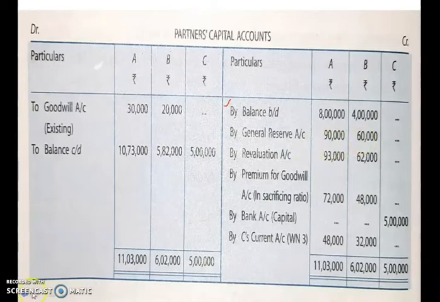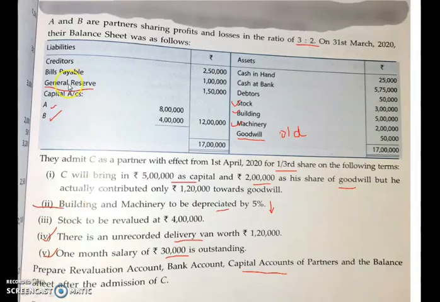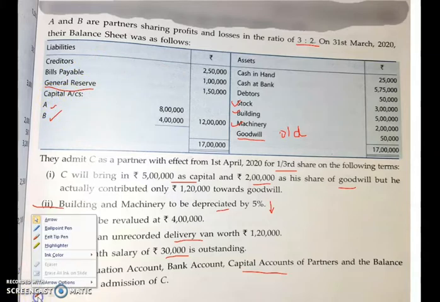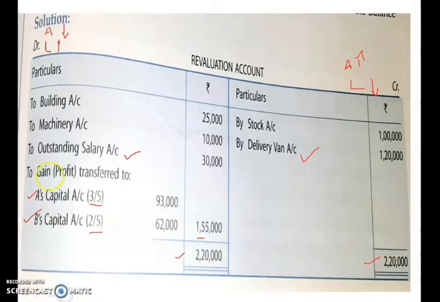Now, after transferring the item from the general reserve, what we did: first we posted the by balance brought down, the capital of A and B, in partner's capital account. That was the first item, and the second item we posted was general reserve. If any reserves are there, they should be posted second. And now the third item, you have to show revaluation profit or loss.